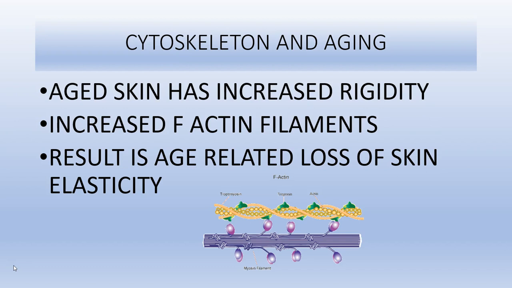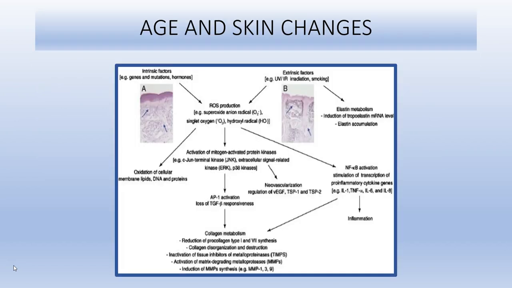With aging skin, we have increased rigidity, lack of elasticity. There's an increase in the actin filaments within the skin. And again, this lack of elasticity is very much operative in the generation of many of the pathologic conditions that we see in the aging foot.